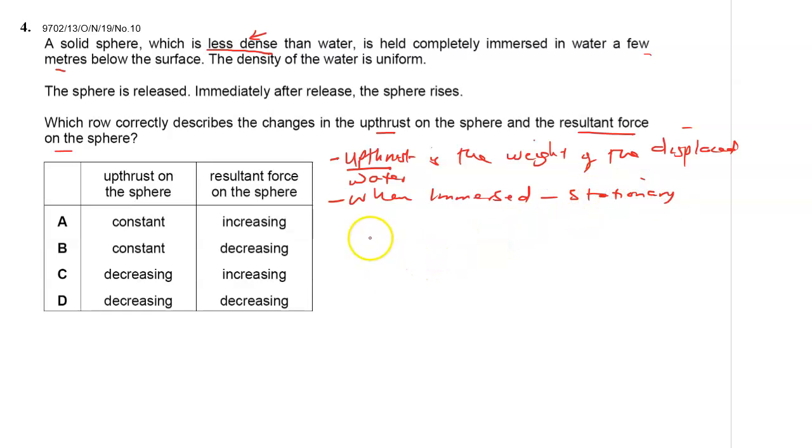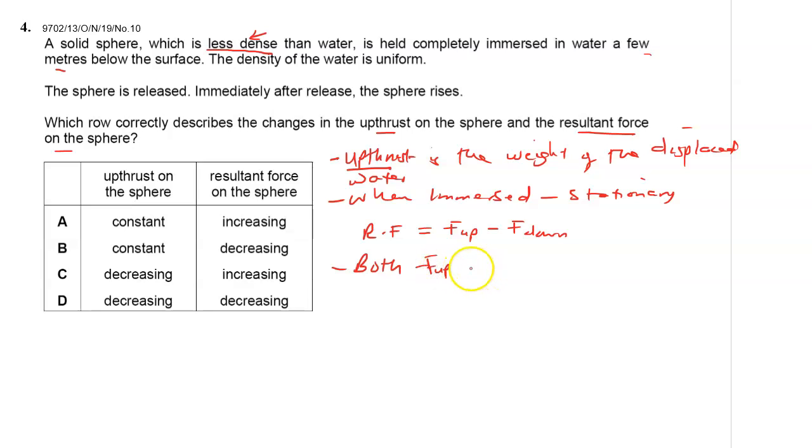Now, in this case, you can say resultant force will be equal to the upward force minus the downward force, right? But both upward force and downward force decrease as the sphere rises, right? I hope you can figure that out.